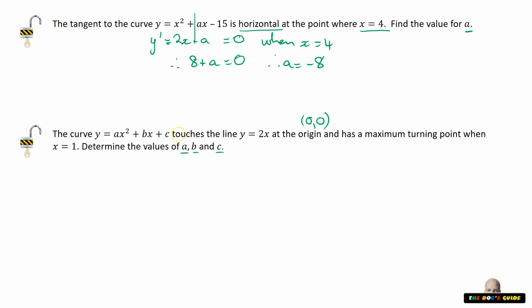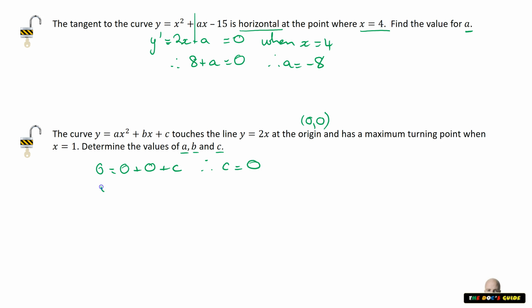So 0, 0 has to satisfy this equation. There's one bit of information: when x equals 0, y equals 0. If we substitute x equals 0 and y equals 0, we've got 0 equals 0 plus c, therefore c has the value of 0.